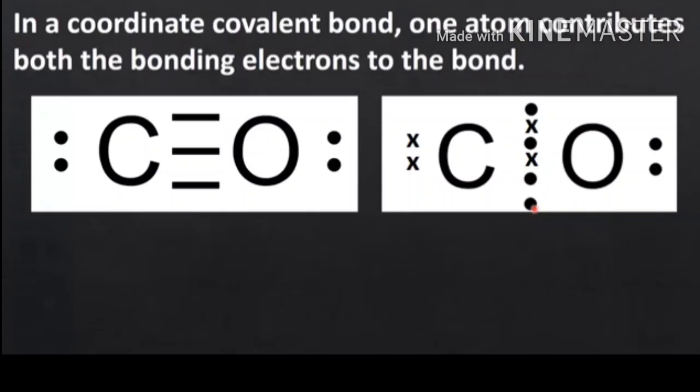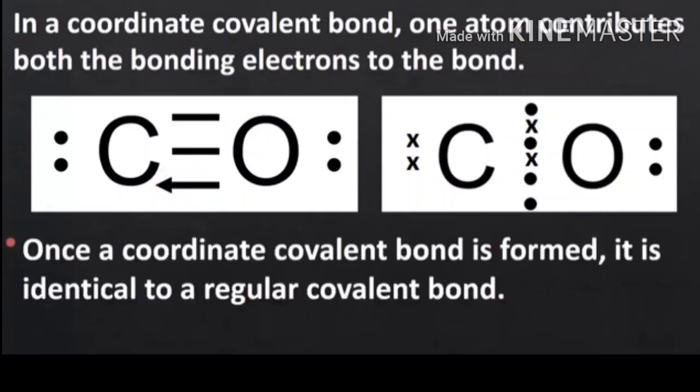This bond looks like a covalent bond, as both the electrons are shared by the oxygen atom, so this third bond is represented by an arrow, in which oxygen is donor and carbon is acceptor.